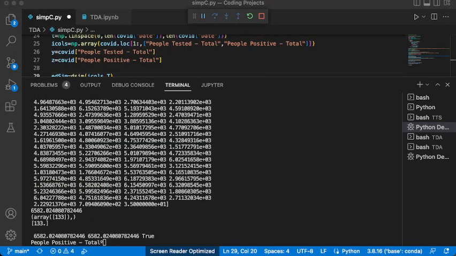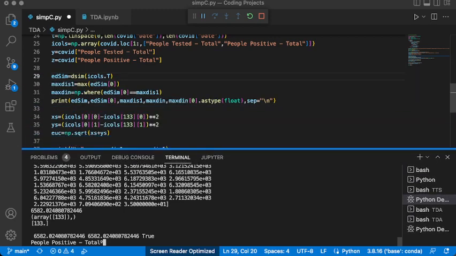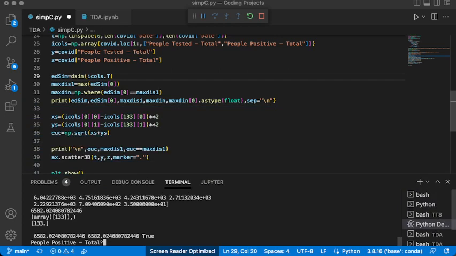So here we go. Let's go back into the Python code real quick. I actually broke it down. Let's see if I can find that. I said, okay, what is the distance between the first and the 133rd point?